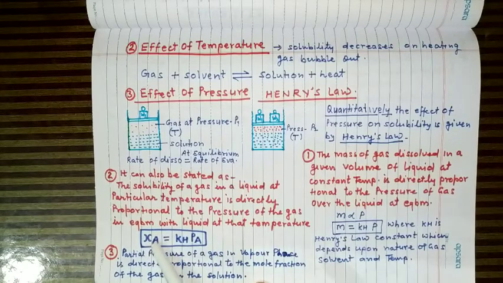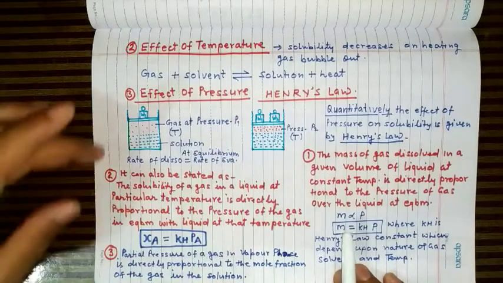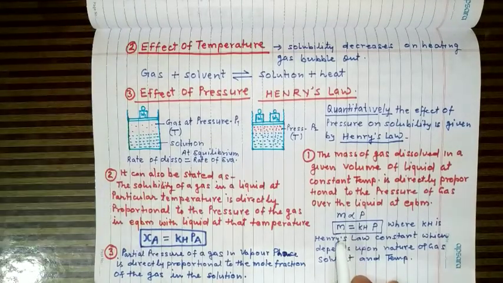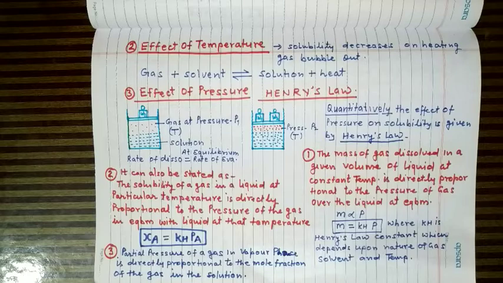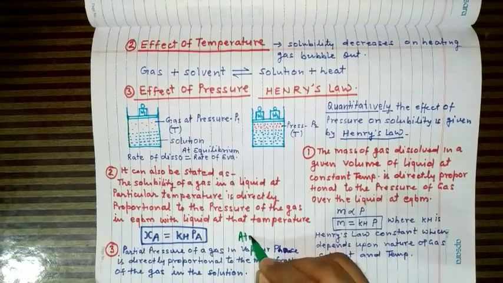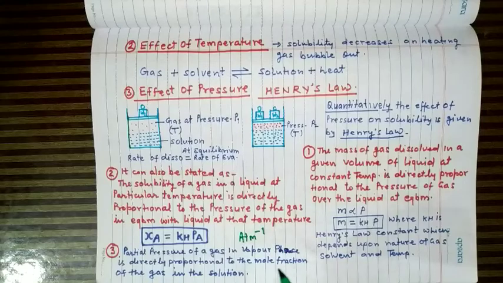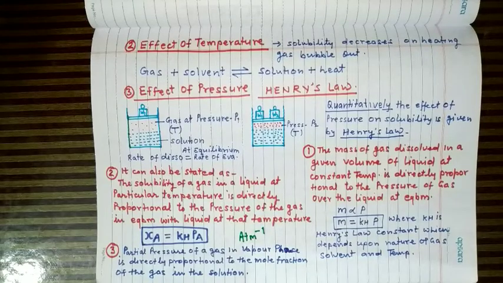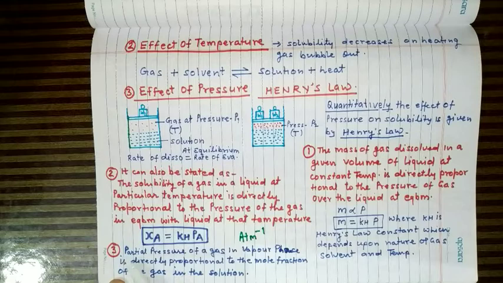So here XA is the mole fraction of gas, that is, the solubility of gas, PA is the pressure of the gas over the liquid, and KH is Henry's law constant. But note that in this expression, the unit of KH will be per atmosphere or per bar.